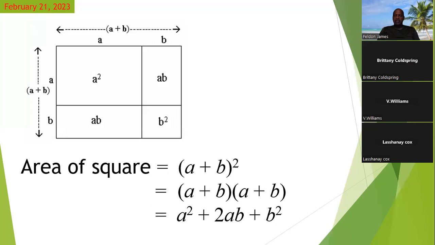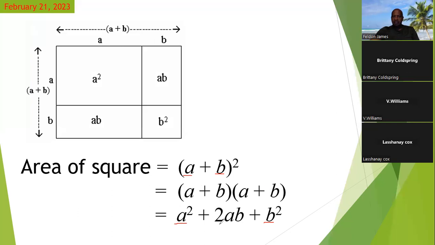The feature that is similar for all squared binomials is that the first term in the binomial would be a squared term in the product. And the second term in the binomial would be the last term squared in the product, because this is the product after we multiply out the two binomials.